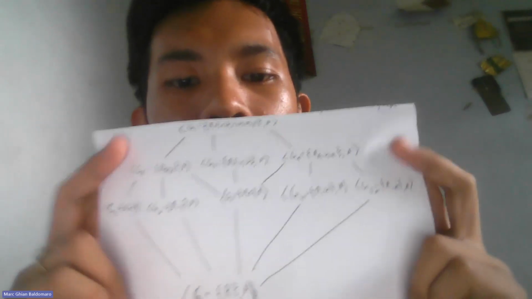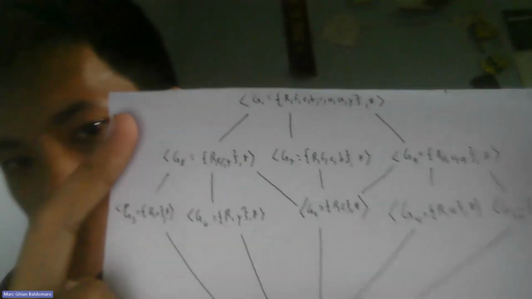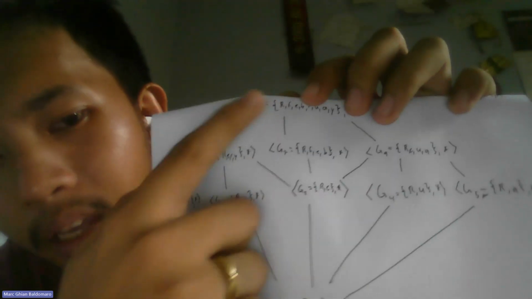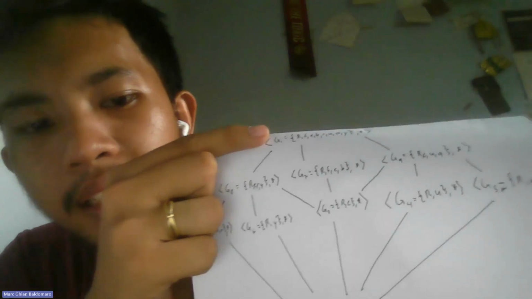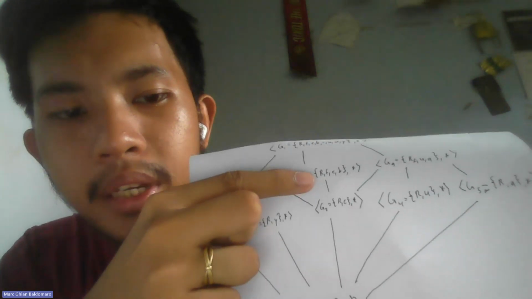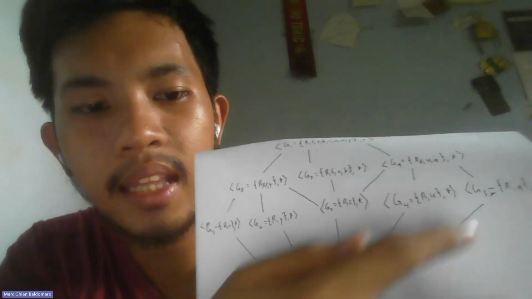And here, as you can see, this is the improper subgroup. Under the improper subgroup, there is RFEB, RERY, and then REUA.